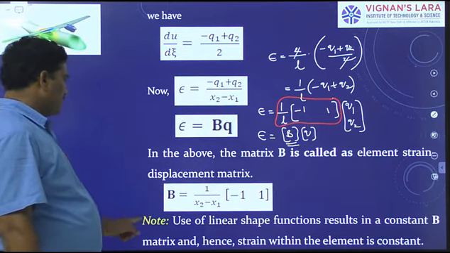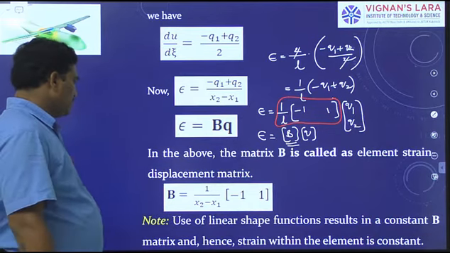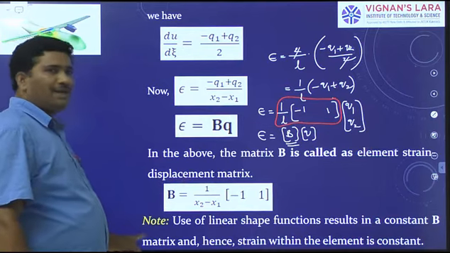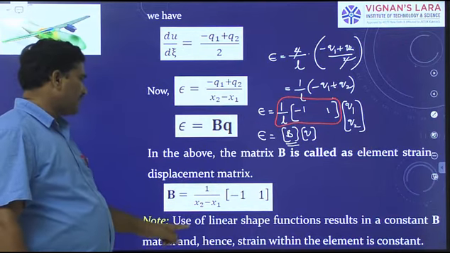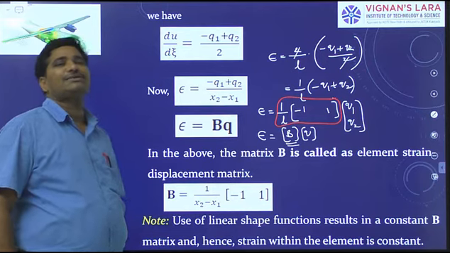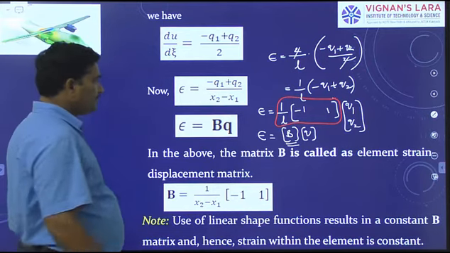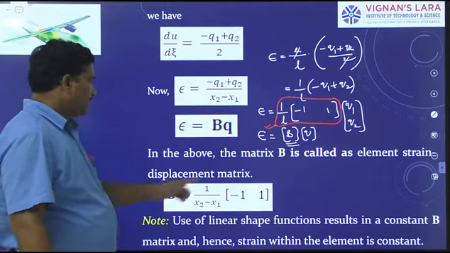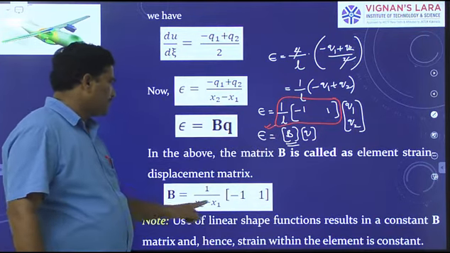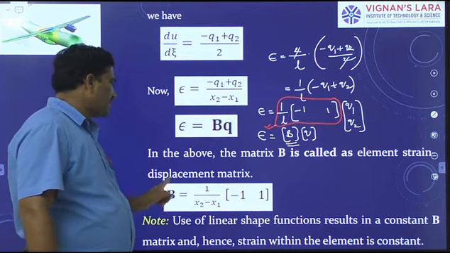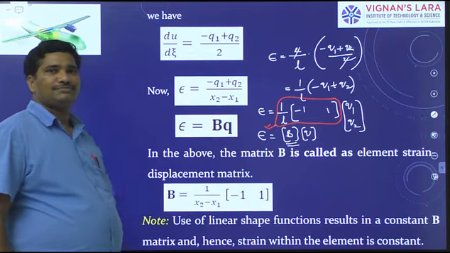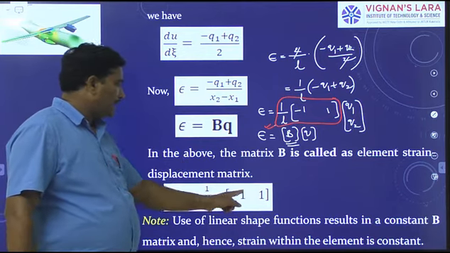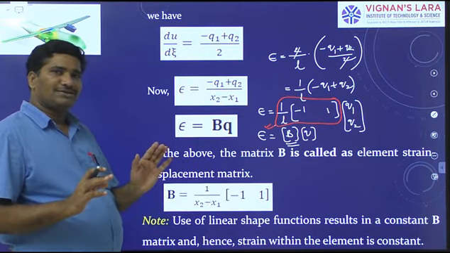Okay. Now we observe a note here. Use of linear shape functions results in a constant B matrix, and hence the strain within the element is constant. If we observe the strain, epsilon equals B into Q. What is B here? It is a matrix having constants: 1/(x2 minus x1) is constant, and the elements of this row are also constants.